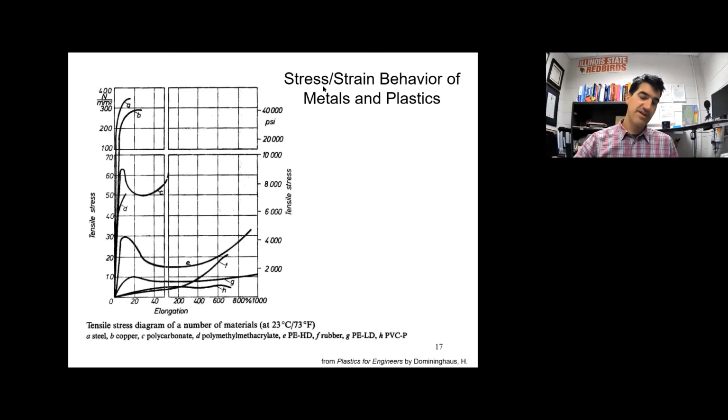So here's just some different ones where A is steel, B is copper, C is polycarbonate, D is polymethyl methacrylate, I think that's acrylic, and E is polyethylene, and F is rubber. G is low density polyethylene, and H is PVC. So just demonstrating that different materials have very different stress strain curves.